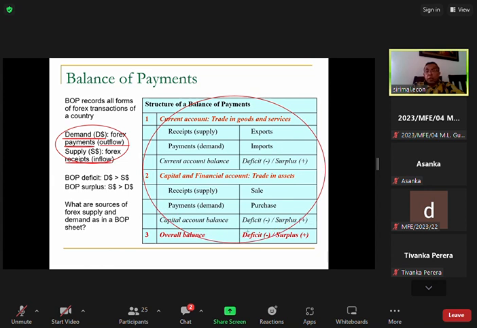So at the end you can have either a deficit. When you have a deficit, we call it excess demand, because you need to pay more than what you earn or receive. Excess demand for foreign exchange. When you have excess supply, then we call it a BOP surplus. Some basic stuff to understand BOP.